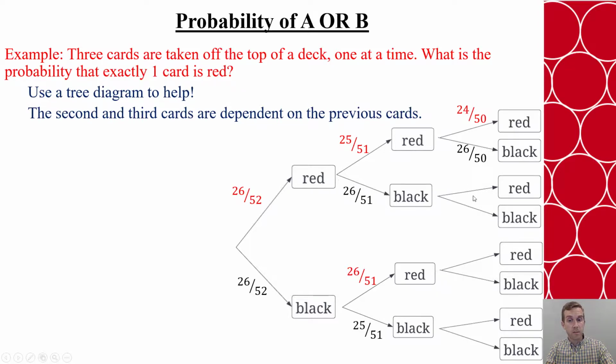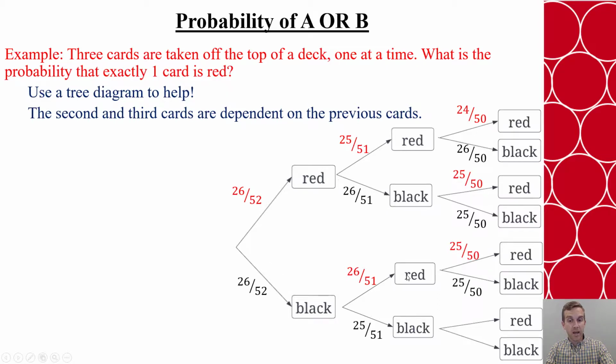If I go red, black, red, there's 25 out of 50. And if I go red, black, black, there's 25 out of 50. So I'm just following each branch one at a time to come up with my probabilities. So if I think about going black, red, red, I've now taken out 1 red. There's 25 red left out of the 50.